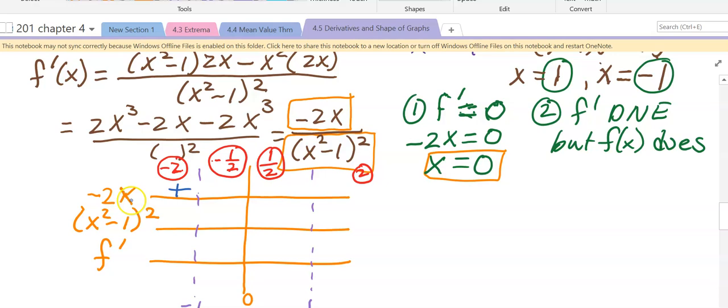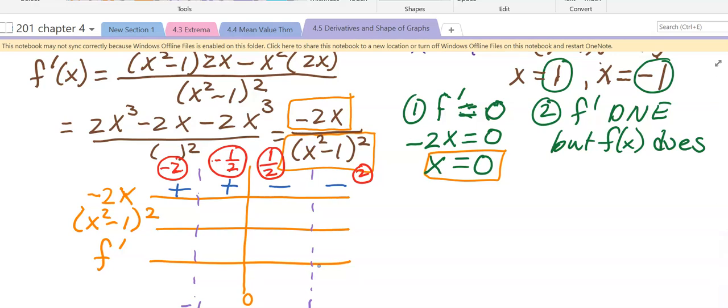If I plug in a negative 1/2, it's still positive. But if I plug in 1/2, a positive times a negative, that's negative. And negative 2 times 2 is also negative. Note that the domain issues at negative 1 and 1 had absolutely no effect on the sign of that factor.